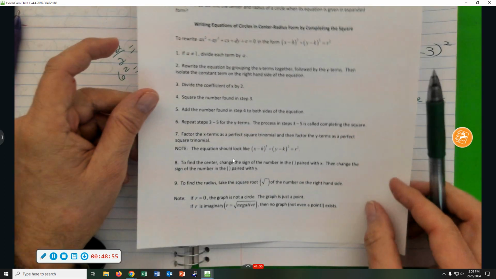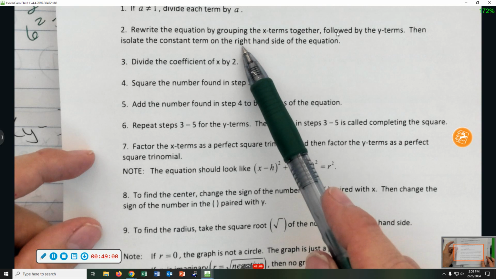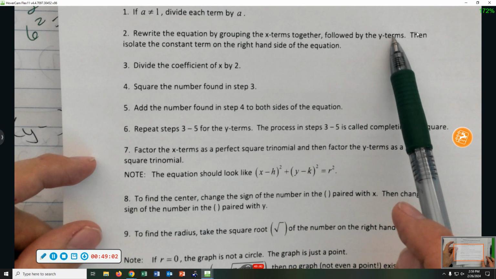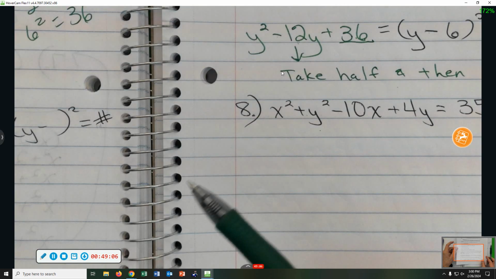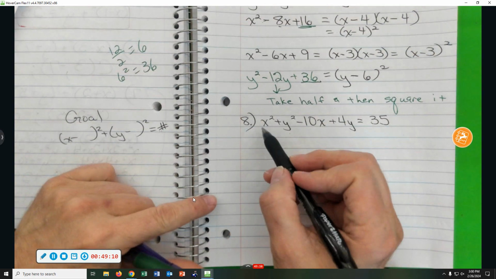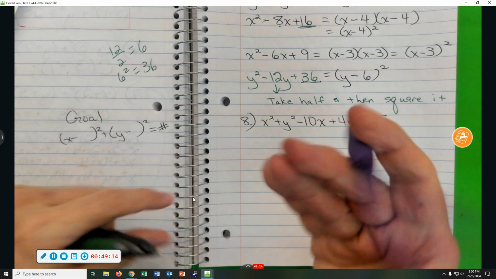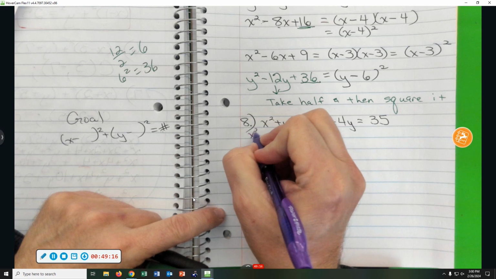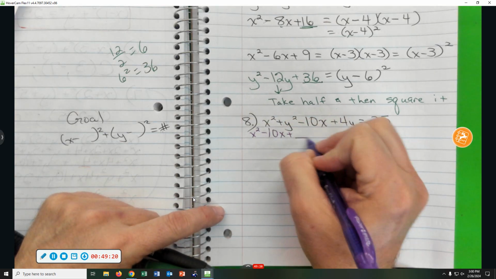The second step, rewrite the equation by grouping the x terms together, followed by the y terms. Then isolate the constant term on the right side of the equation. Really, we're going to group the x terms. X squared minus 10x, I'll put those in purple. X squared minus 10x plus, skip some space.